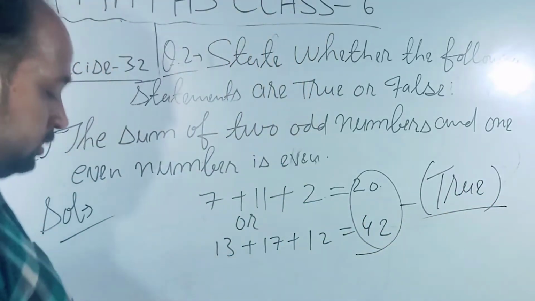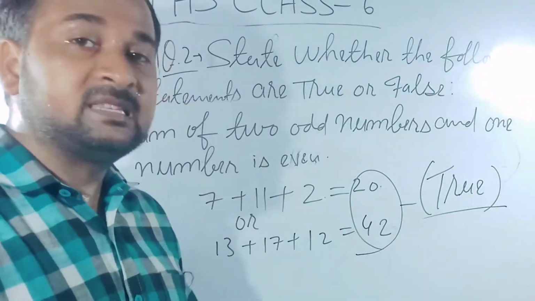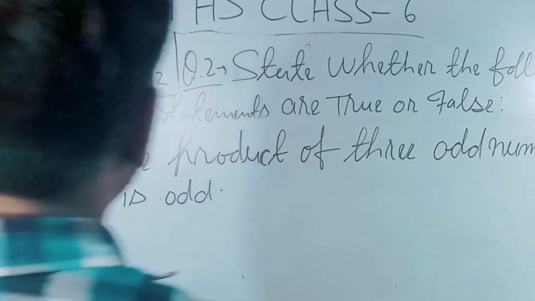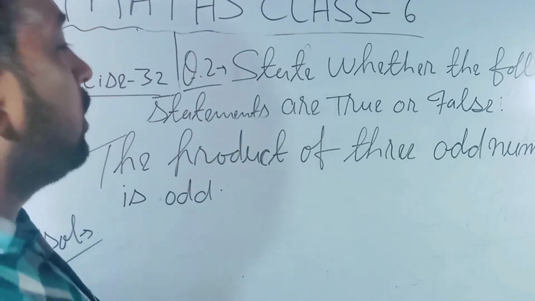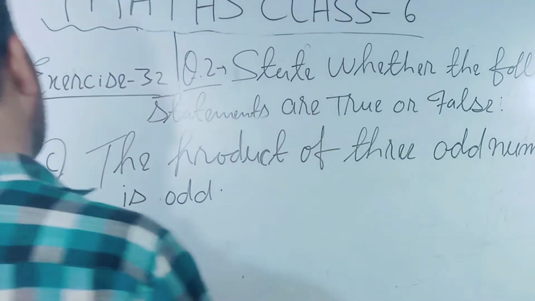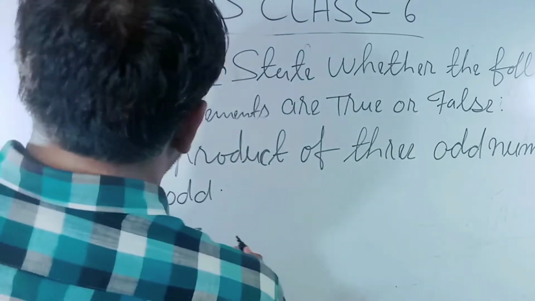Now let's solve another statement. Part C of question number 2: the product of three odd numbers is odd. Let's see.